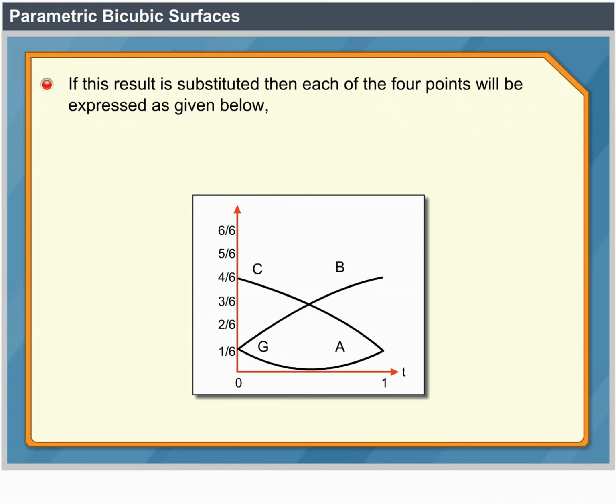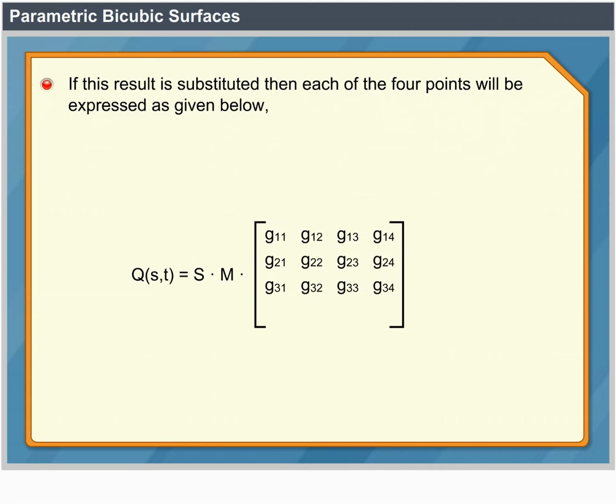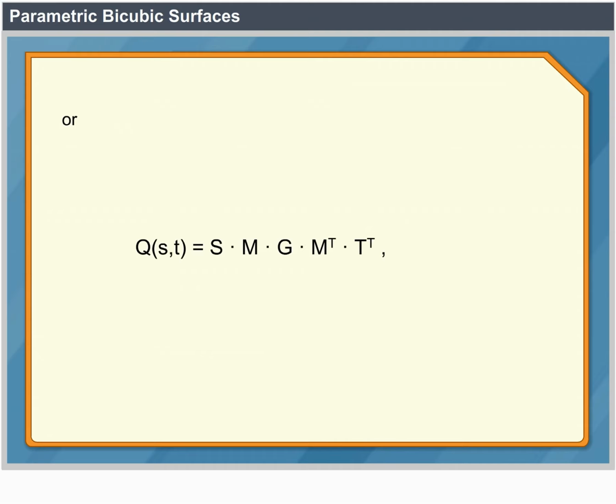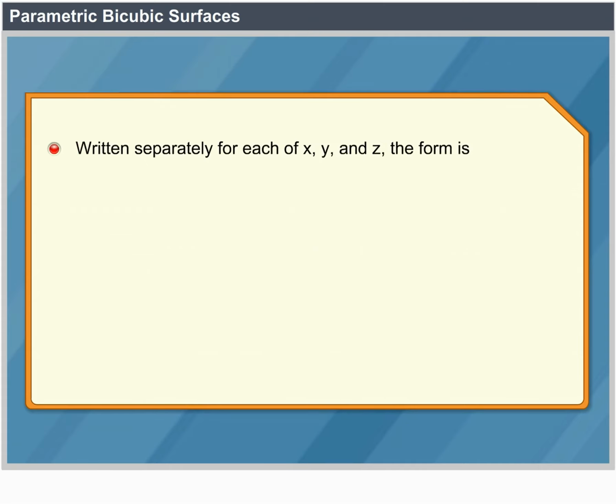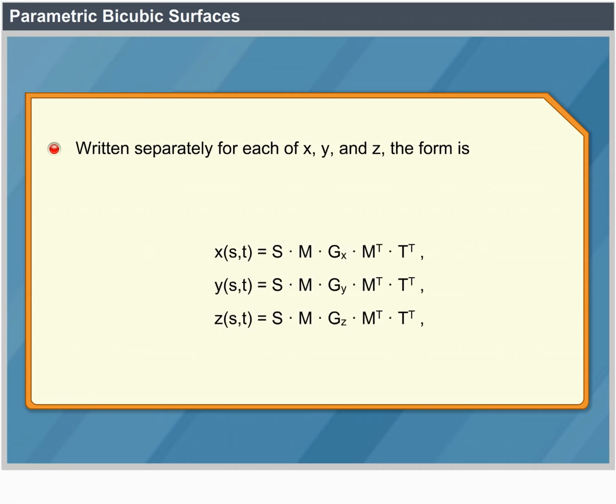If we now substitute this result in each of the 4 points, we have the following resulting matrix, or Q of S, T equals S and M and G and M transpose and T transpose, where 0 is less than or equal to S and T is less than or equal to 1. Written separately for each of X, Y and Z, the form is X of S, T equals S and M and Gx and M transpose and T transpose.